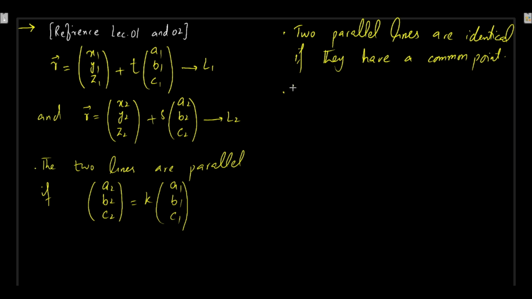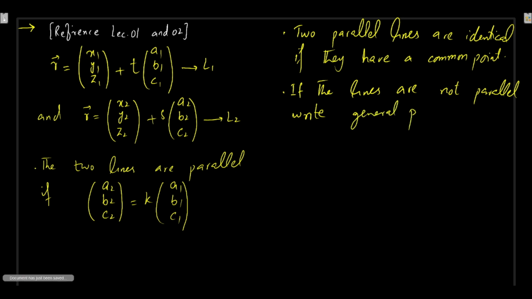Now, if the lines are not parallel, we write a general point on L1 and L2.